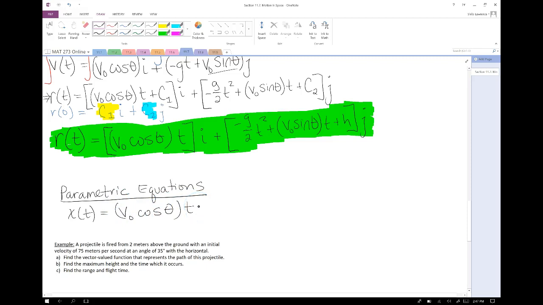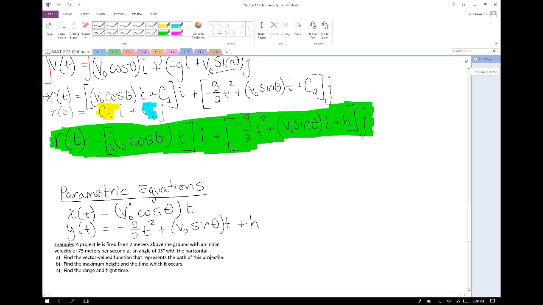That's the equation that tells us what's going on horizontally. And y of t is negative g over 2 t squared plus v sub 0 sine theta t plus h. And that tells us what's happening to our projectile vertically.